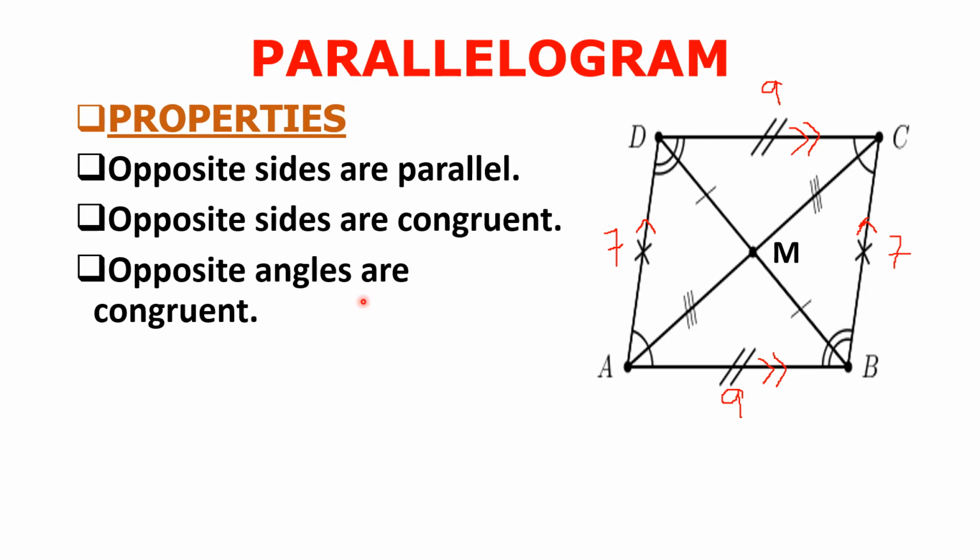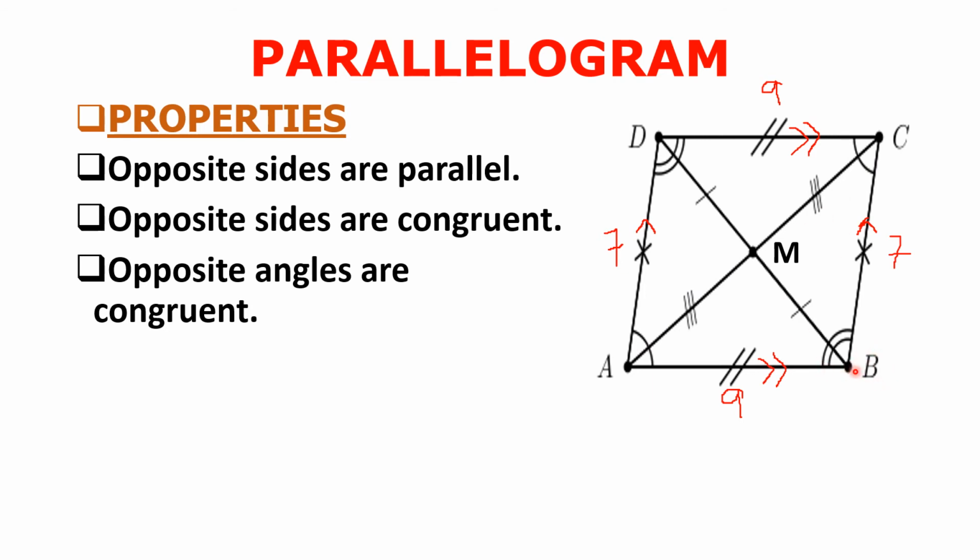Congruent in angles means they have the same measure. So opposite angles: can you see the marking here for angle A, the single marking, and here it is C. So angle A and angle C are congruent. Why? Because they're opposite angles. Also, can you see a double marking here?